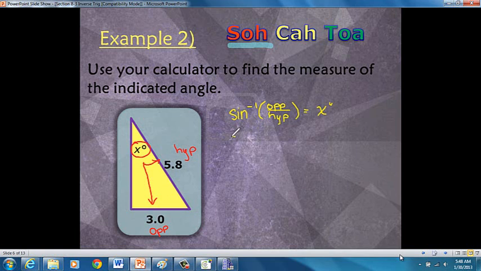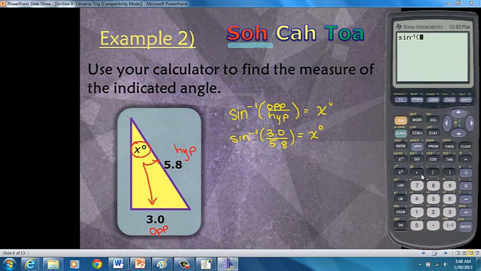Okay, so in this case, that is 3 over 5.8. And then I just use my calculator. Sine inverse, 3 over 5.8. And I find that angle must be 31.147.